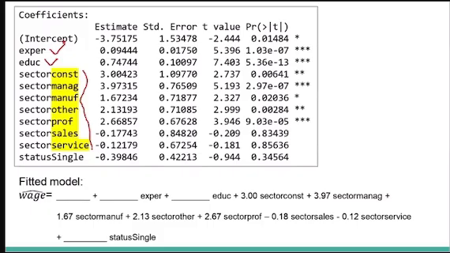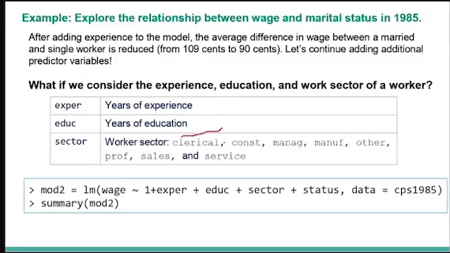R has referenced that category. What is that? Let me take you back. Clerical. Take a look at this. Notice clerical here. How do we automatically reference one? When you have a variable that's categorical, if you have 8 levels, I will only report 7.